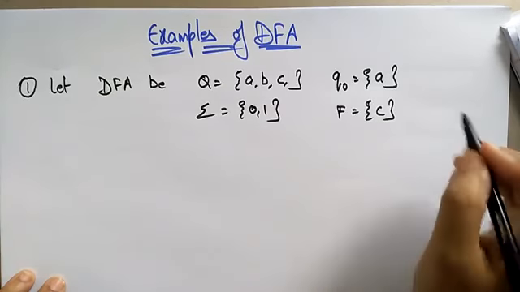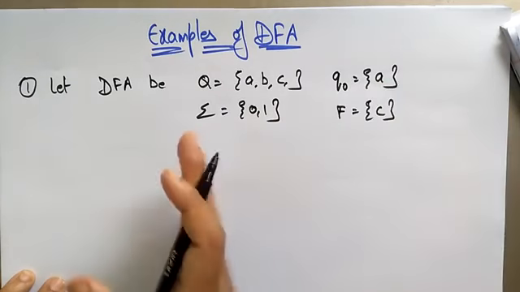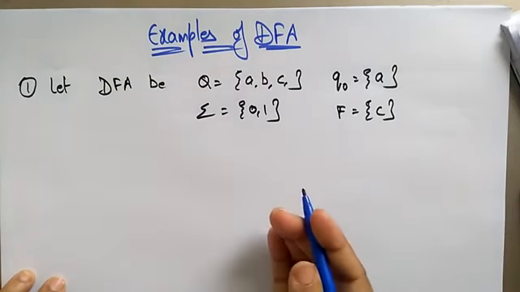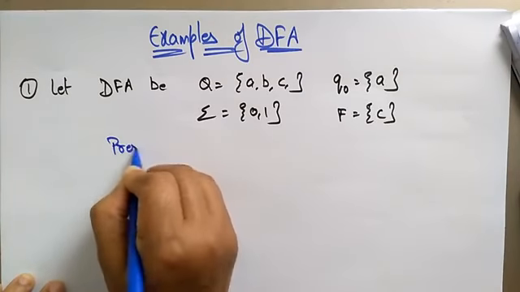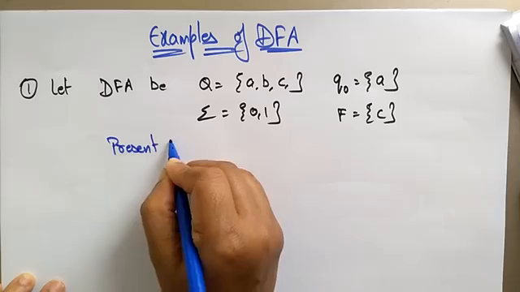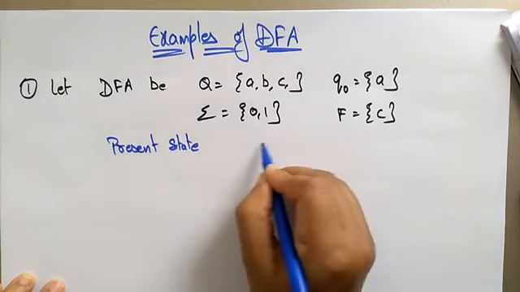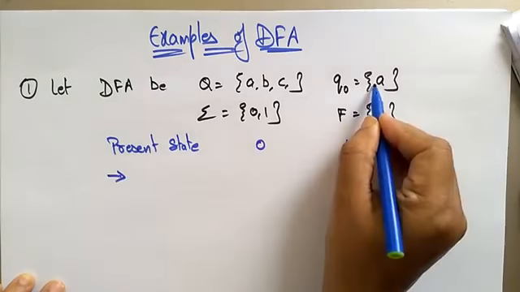And what are they asking? The transition function table is also given, and we need to construct the state transition diagram for it. So the present state, input 0 and 1. What is the initial state?